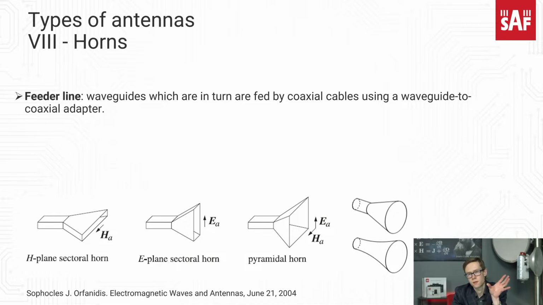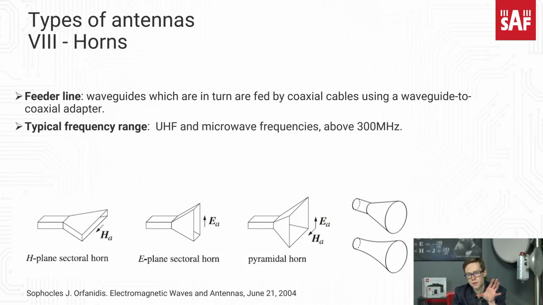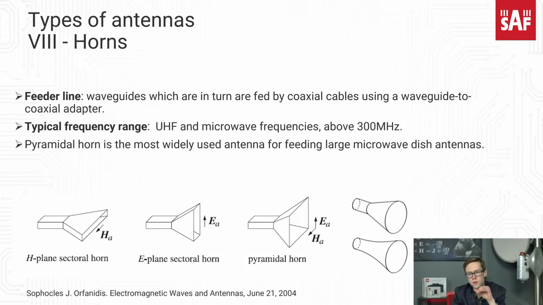They are fed usually by the waveguides, which in turn are fed with the coaxial cables using special adapters. And the typical range is the microwave frequencies, usually above 300 megahertz. So for some radars, it is perfect and suitable. And also it is most widely used as the feeding element for antennas.